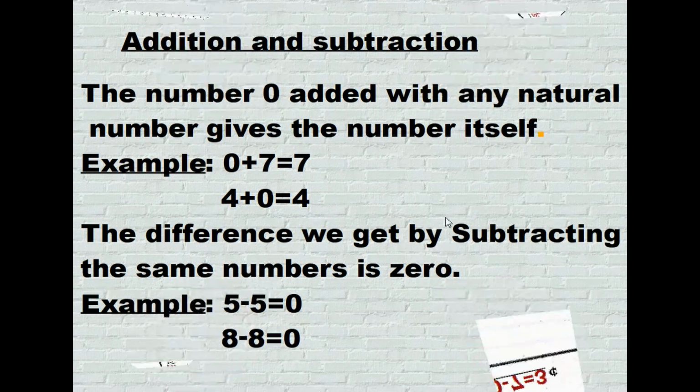This was your homework. Today, you will see in detail addition and subtraction, okay? Last time, I remember, there are some properties of addition. Adding 0 to a number doesn't change the answer, and also subtracting the same equal numbers will result in 0.